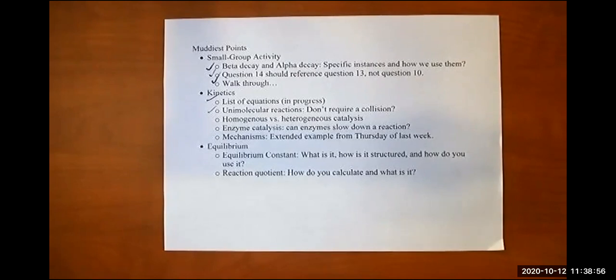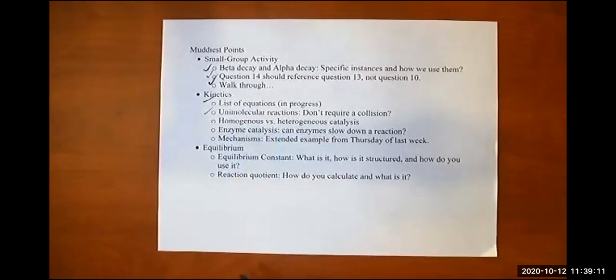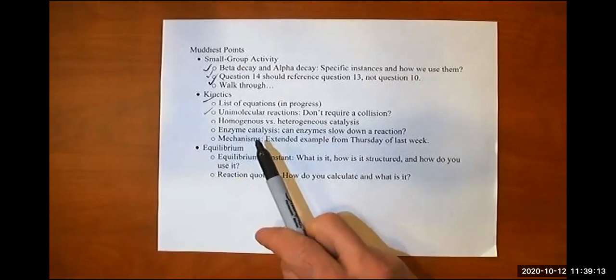So you have carbon monoxide and oxygen gas that are adsorbing onto the surface of the catalyst, doing their reaction there, and then desorbing off the surface to become gas again. So that's what the difference between homogeneous and heterogeneous catalysis is.